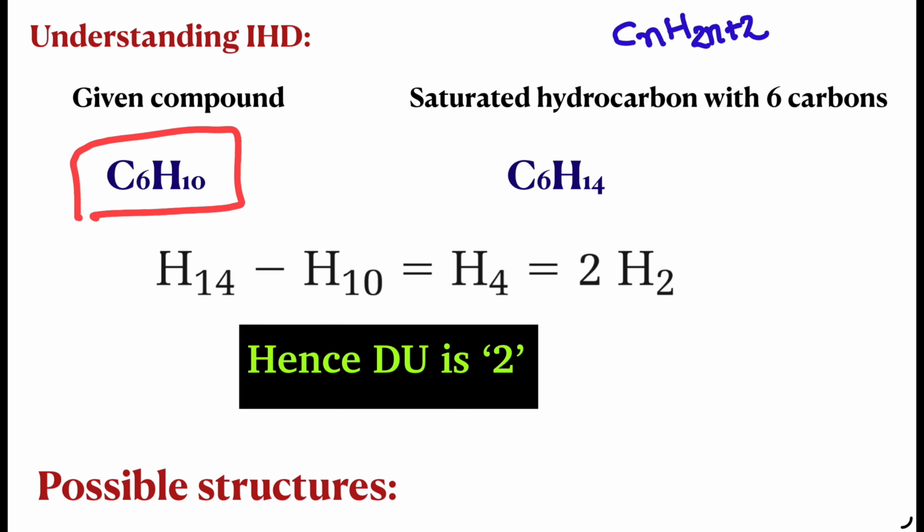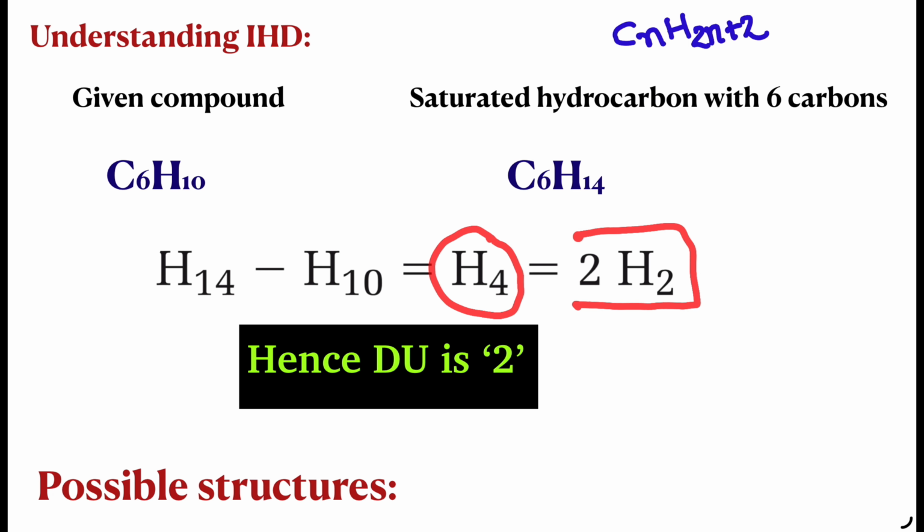This is the given compound, and this is the saturated hydrocarbon with the same number of carbons. Saturated has 14 hydrogens, the given compound has 10 hydrogens. There is a deficiency of 4 hydrogens, which is 2 pairs of hydrogens. So this is called the degree of unsaturation of C6H10.